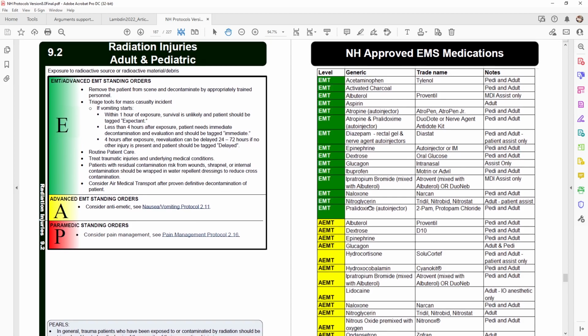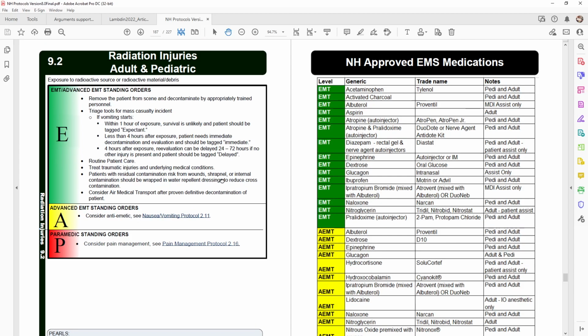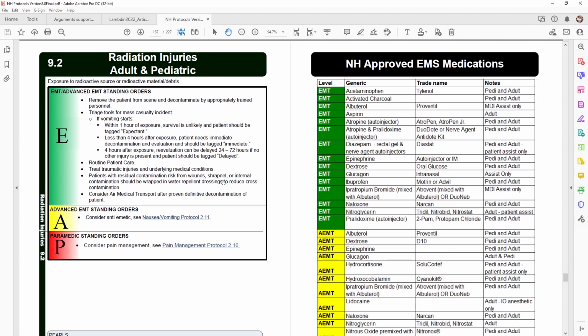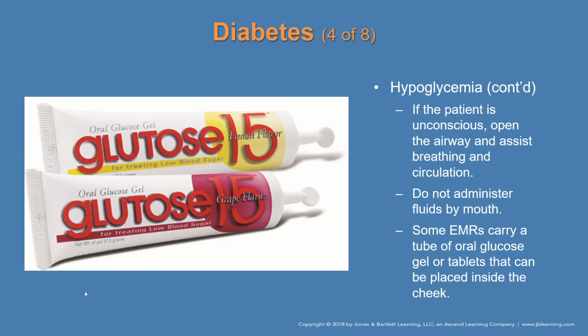These are things that we are going to train you to do in this course. Whether your agency allows you to do that, I would say if you feel that you should be allowed to do it, then it's really up to your agency's medical director. Because ultimately, I don't get to say what you get to do. My job is to teach you according to the national standard curriculum, which I am doing.